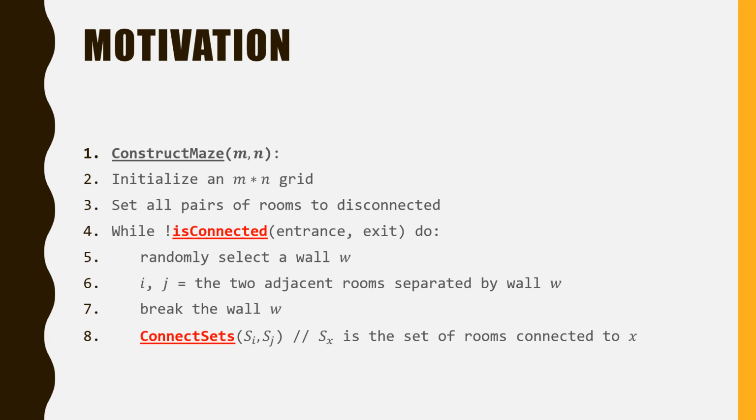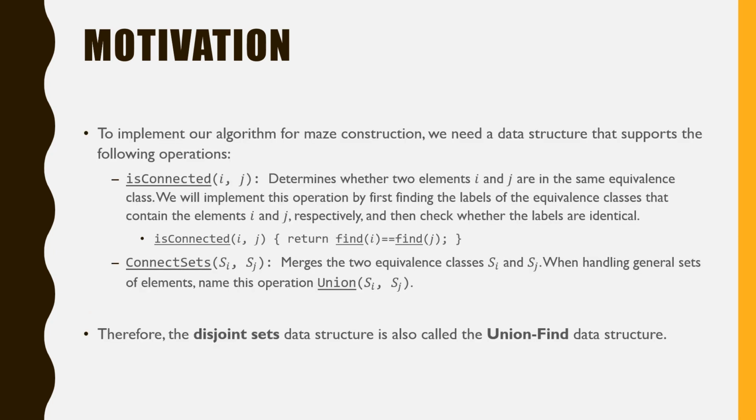After discussing the essential properties of disjoint sets, let's examine the fundamental operations required by the corresponding data structure. From the pseudocode, we identify two fundamental operations: isConnected and connectSets. The isConnected operation checks whether two elements i and j belong to the same disjoint set.